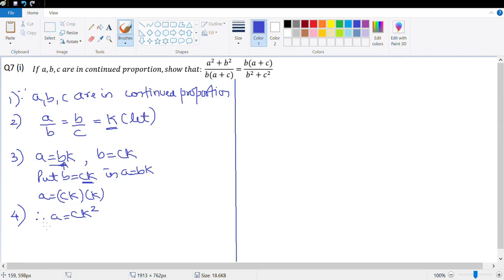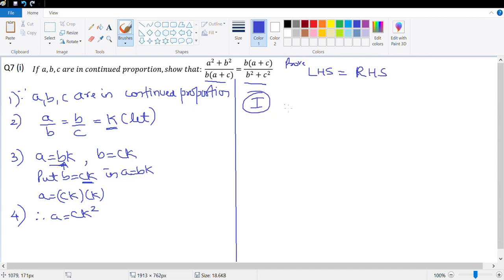Now, before I go on and solve this question, I want to clarify one doubt. Whenever you have a question which says prove left hand side is equal to right hand side, there are 3 possible options which you can use.